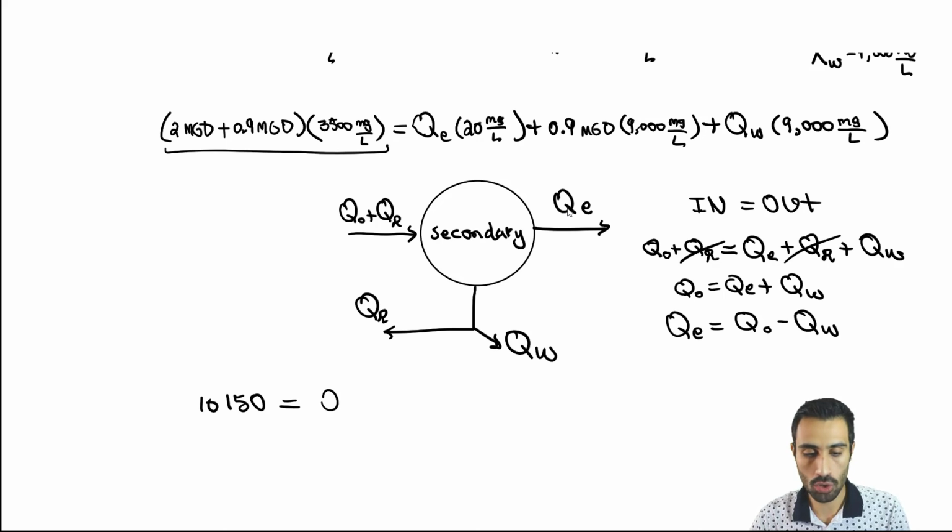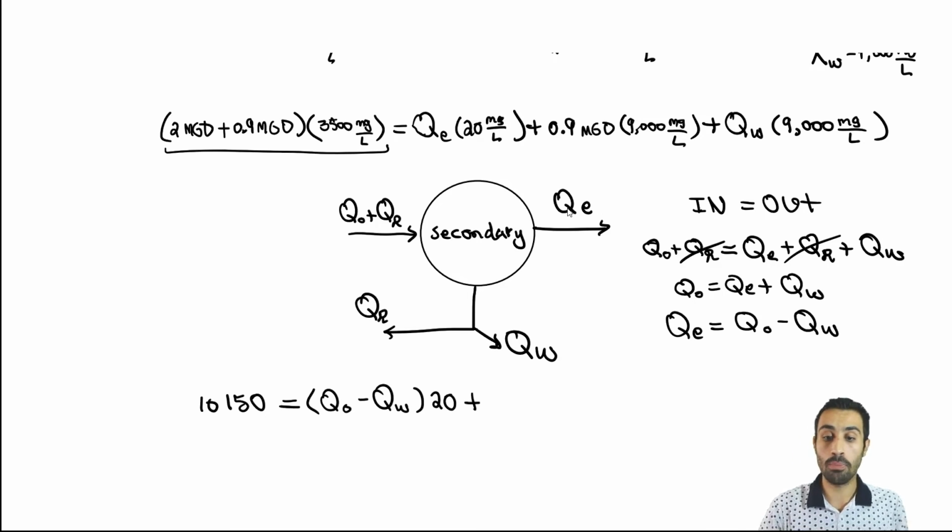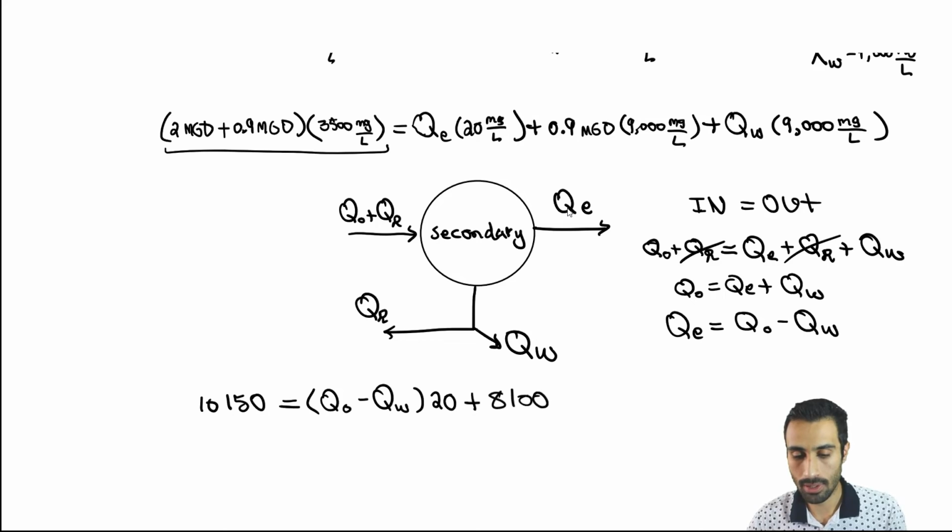So that would be Q0 minus QW. And that is multiplied by the 20, which is going to be this portion. Then we do plus 0.9 times the 9,000. We get 8,100 for that one. Then plus QW times the 9,000. So that will just keep it like that.